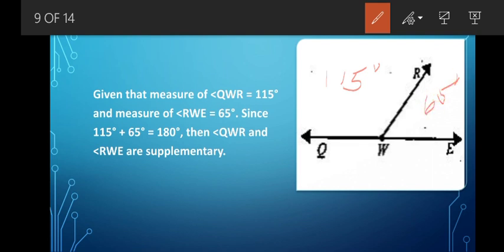So i-combine natin yung dalawang value: 115 degrees plus 65 degrees is equal to 180 degrees. Therefore, the angles in this figure are supplementary angles.